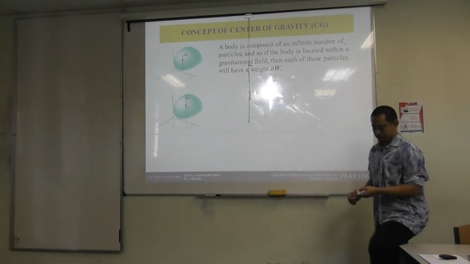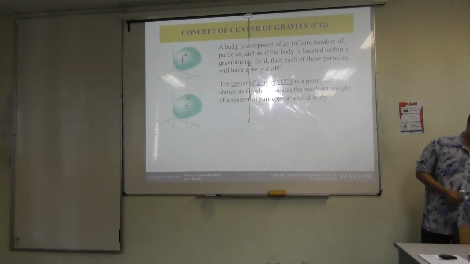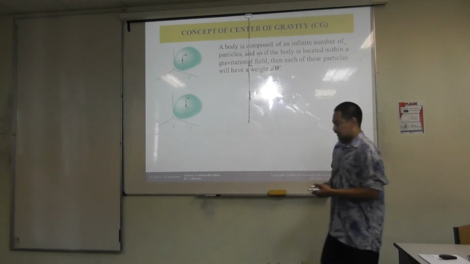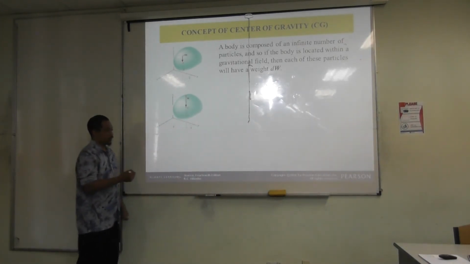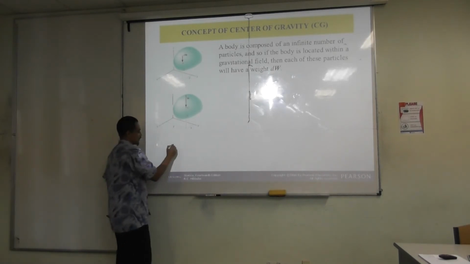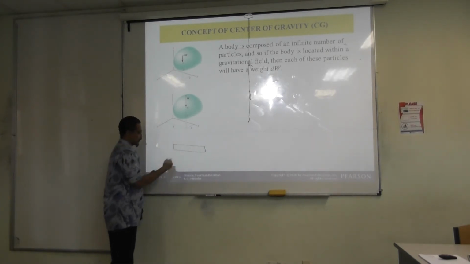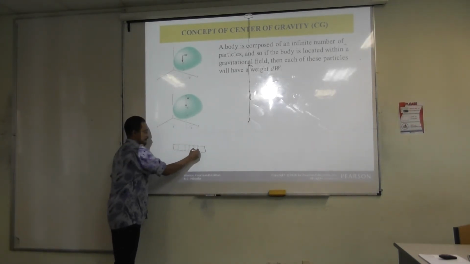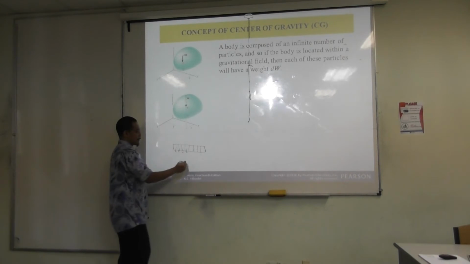And now, this relates to what we have learned in chapter 4, basically, right? If an object, and to simplify, normally it's thousands or millions of particles, right? But if you can just consider it's made of several elements like this. Each of these elements have its own weight, right?